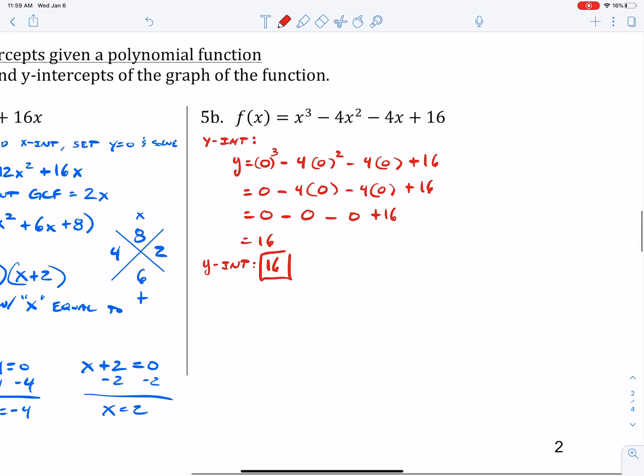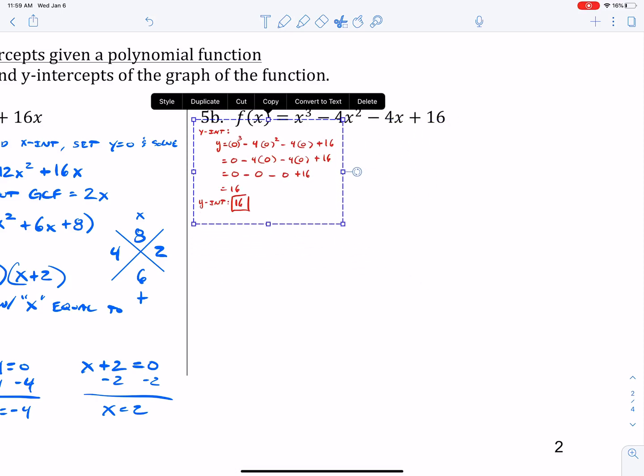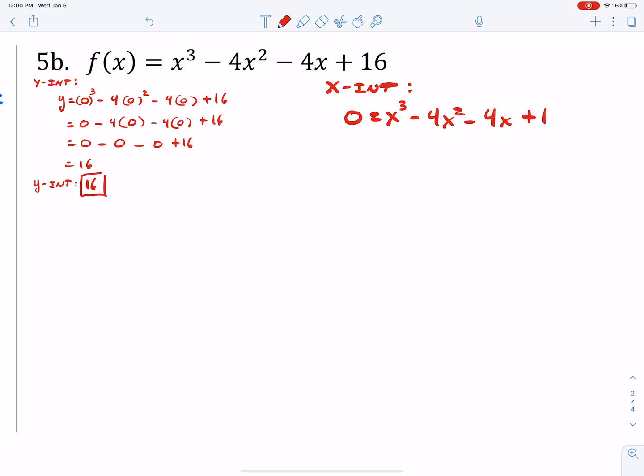Now, I'm going to shrink this just so I have room. Alrighty. Then for my x-intercept, what I want to do is set my y equal to 0. So I have 0 equals x to the third power minus 4x squared minus 4x plus 16.